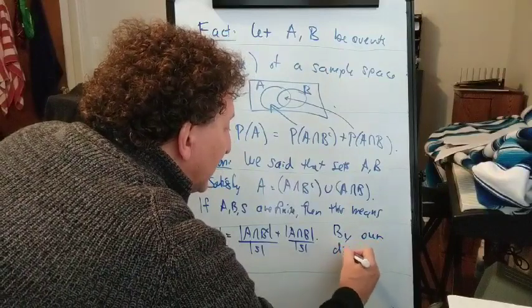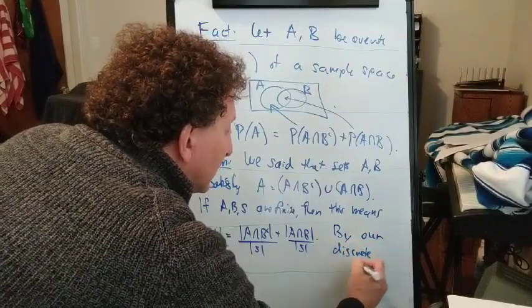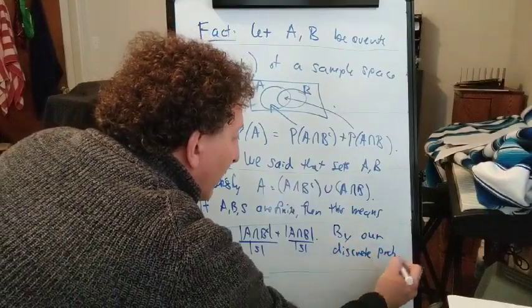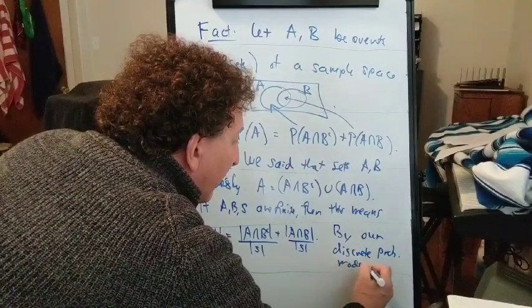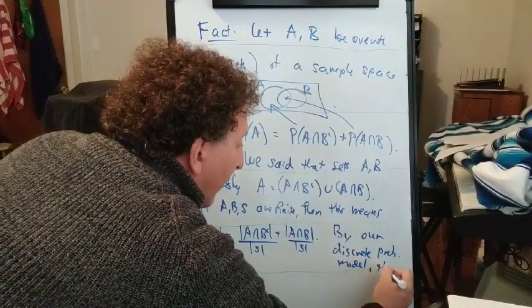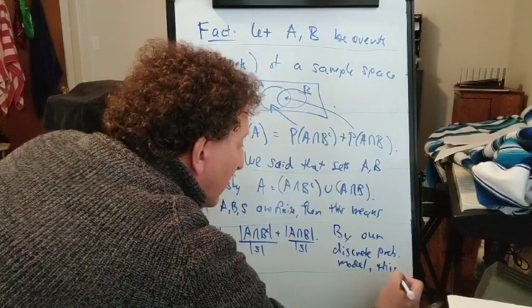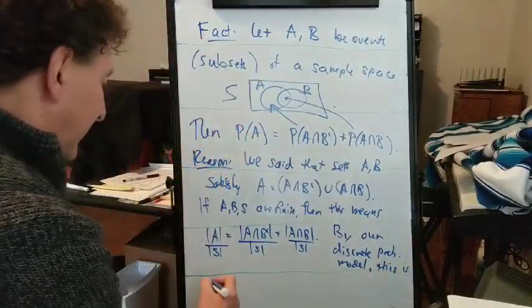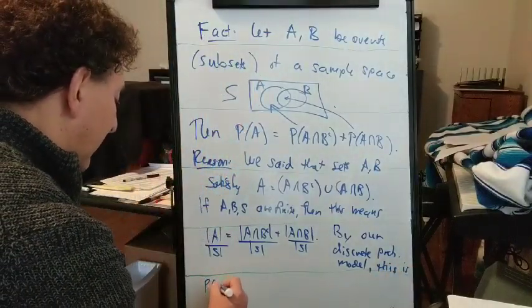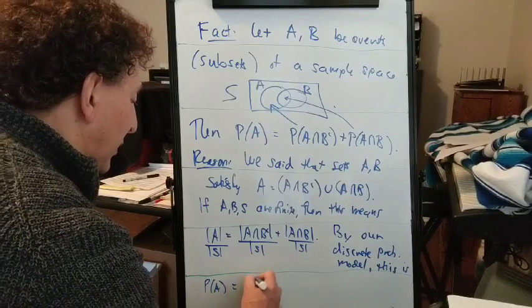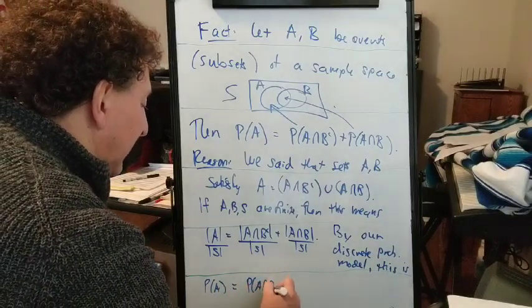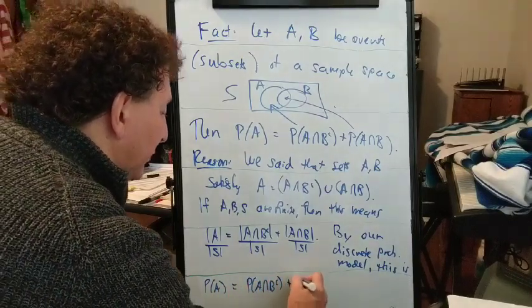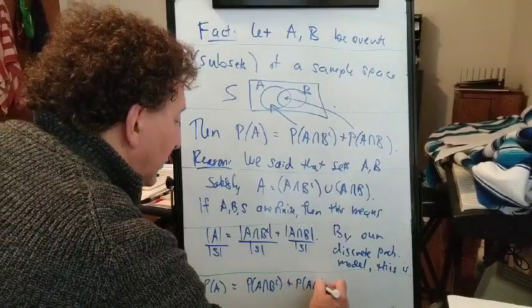And by our discrete probability model, this is probability of A equals probability of A and B complement plus probability of A and B.